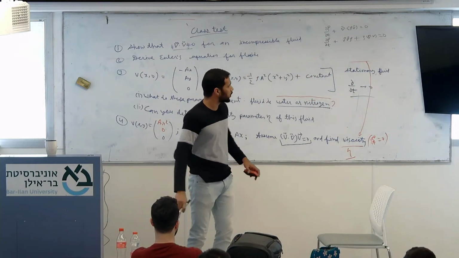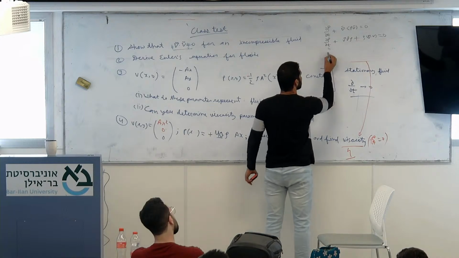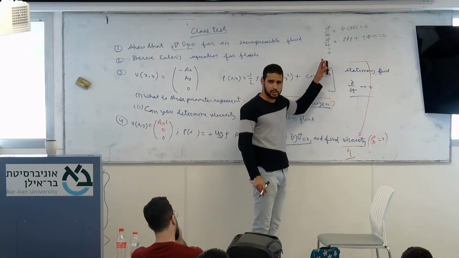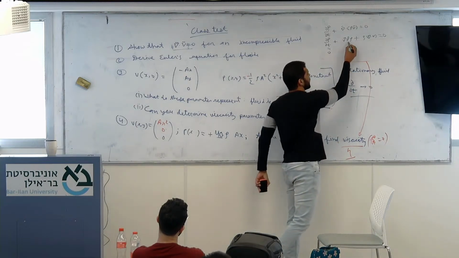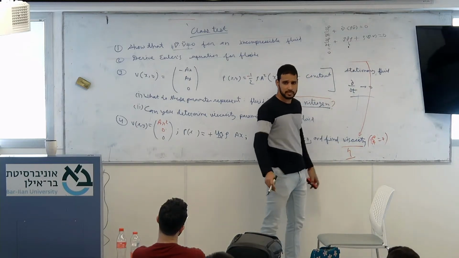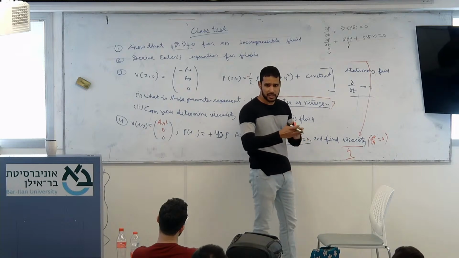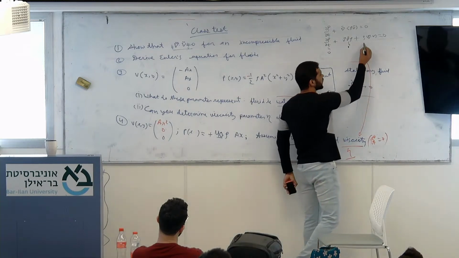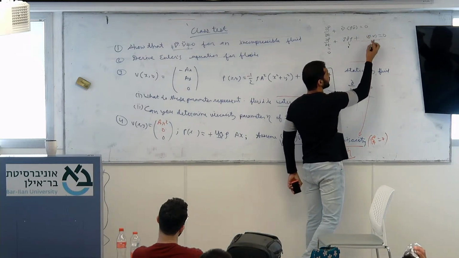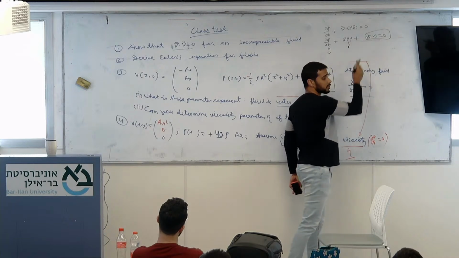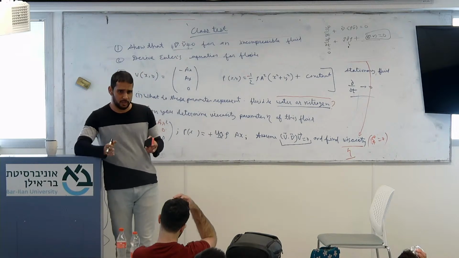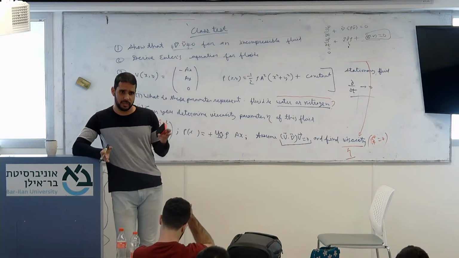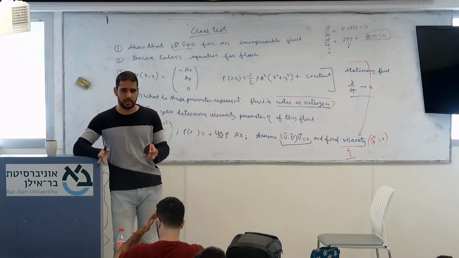For incompressible flow, this is 0. The density does not change with time, and the gradient of density is 0, so it doesn't change in space either. The time derivative is 0 and density is non-zero, so this divergence will be 0. This is the basics of the Euler equations and the continuity equation.